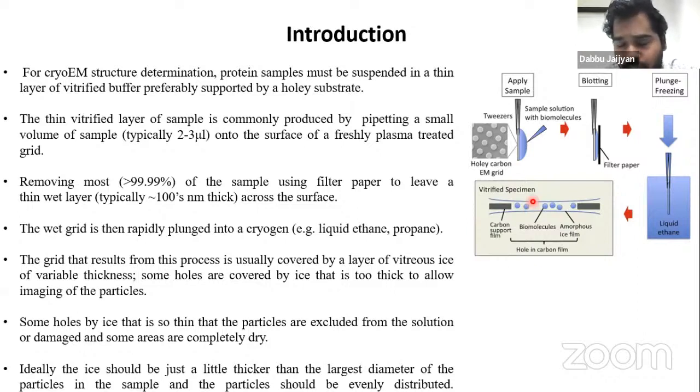And if the layer is too thin, that will lead to damage to the samples. Therefore, this vitreous layer should be of optimum thickness, usually a little thicker than the largest diameter of the particle in the sample, and the particles should be evenly distributed. So this determines the vitrification of the cryo-EM grid.